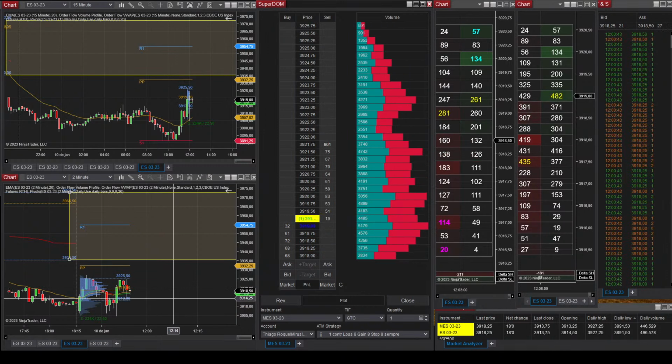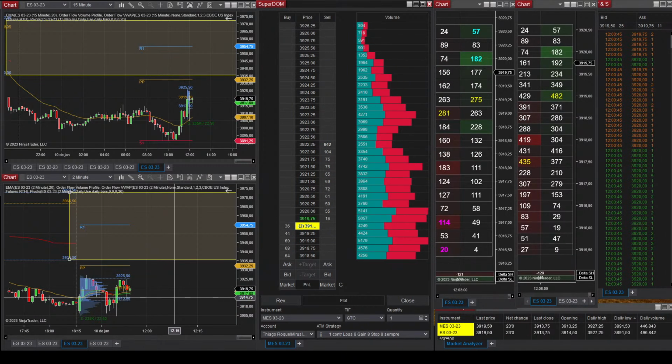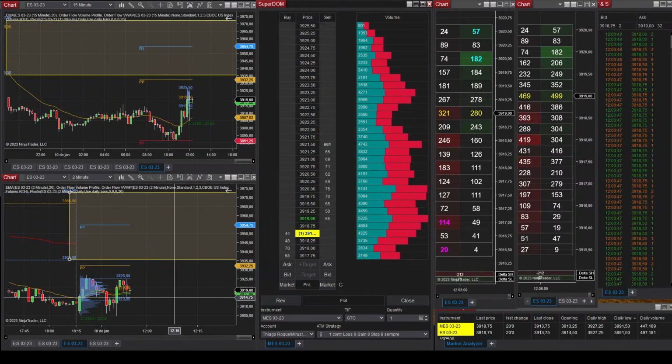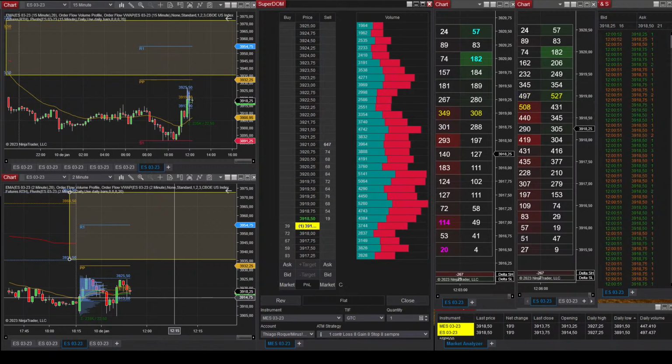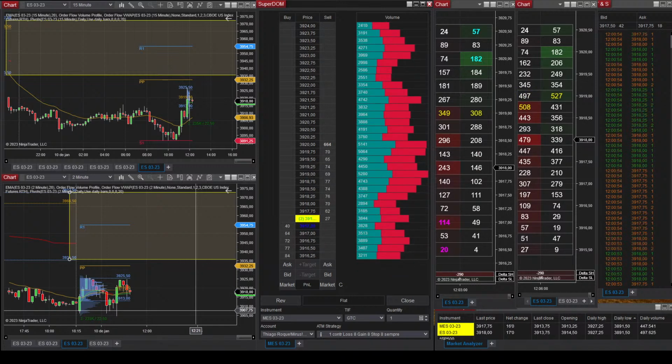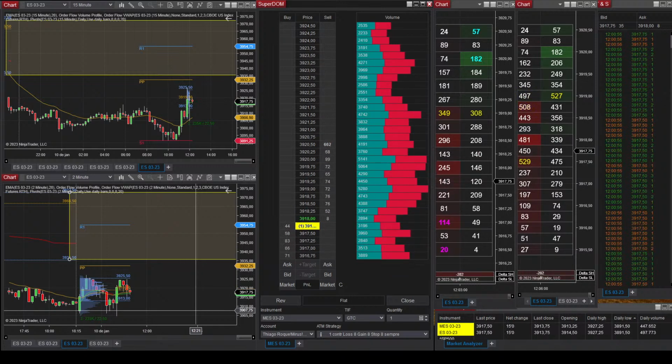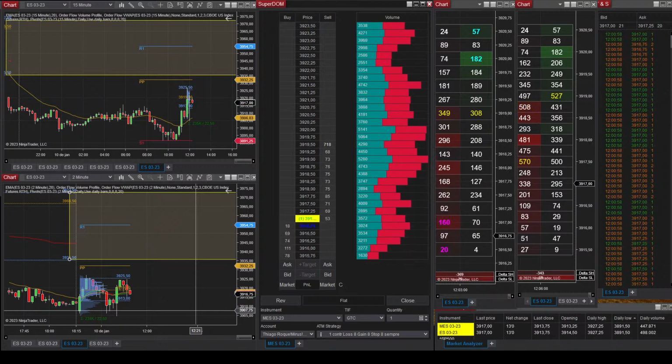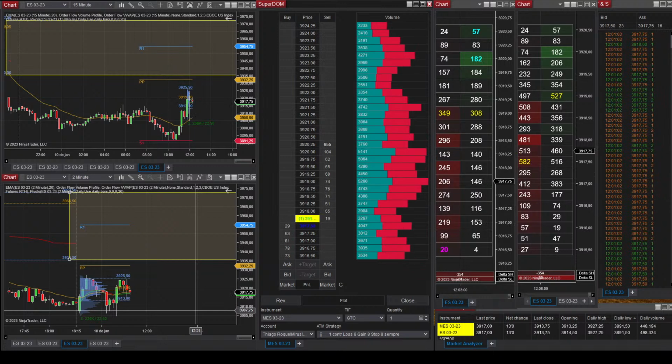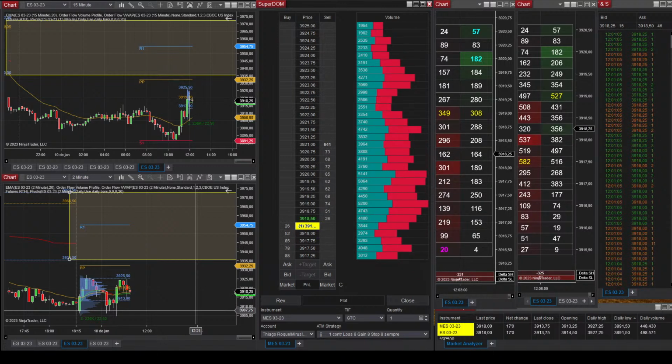What does it mean? It was the most traded point, and we usually see a big struggle when prices are around it, because this is the most traded right there. Many times buyers try to push it up and sellers try to push it down.